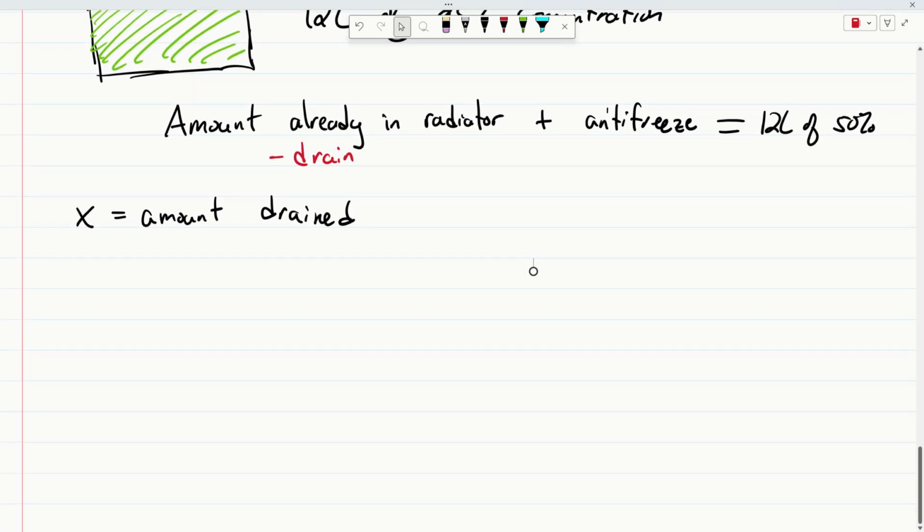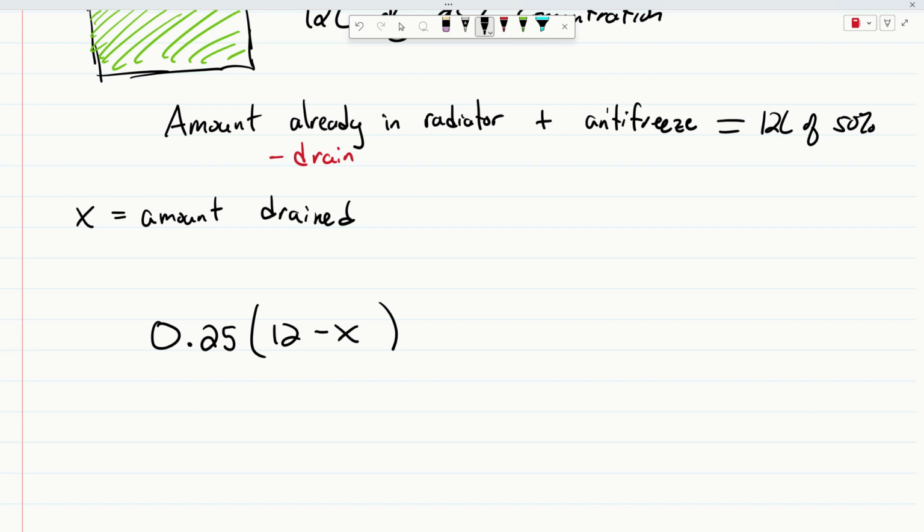So here we go. The amount already in the radiator minus the amount drained. We have no idea how much we're draining, but what we do know is this. The concentration in the radiator is 0.25. The amount that we're draining is going to be 12 minus X, because you have 12 liters already in there, but you got to take some out.